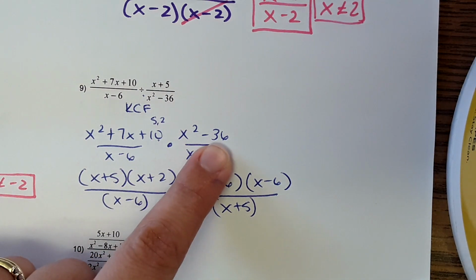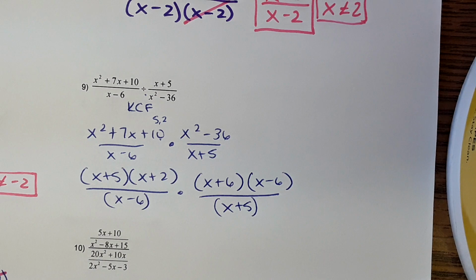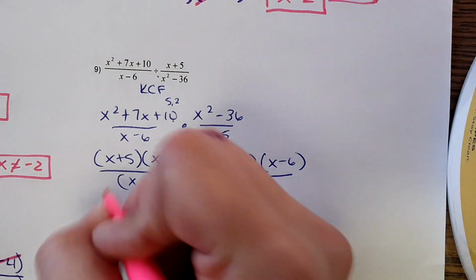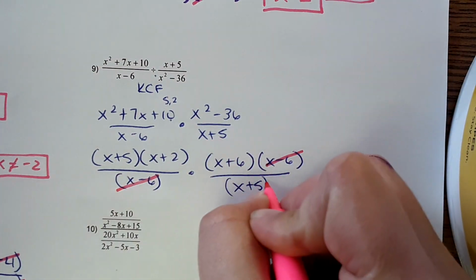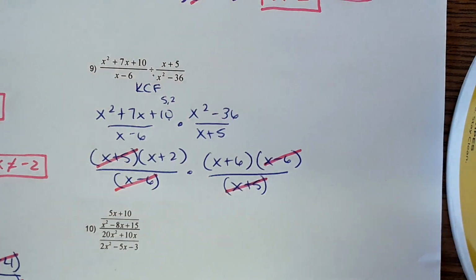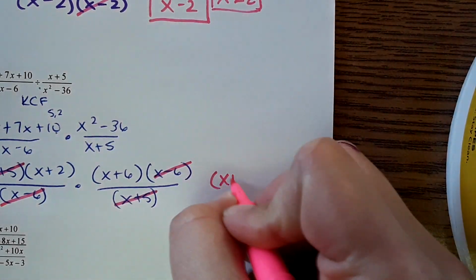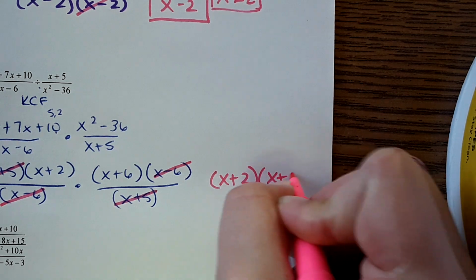Anytime you see that format, especially when you have that square there. And then cancel stuff. And we're just left with x plus 2 times x plus 6.